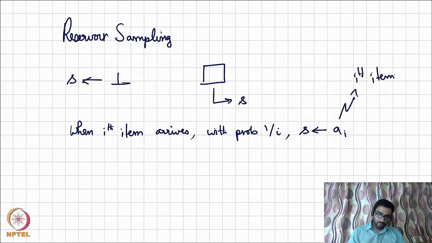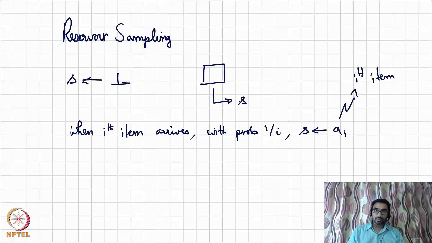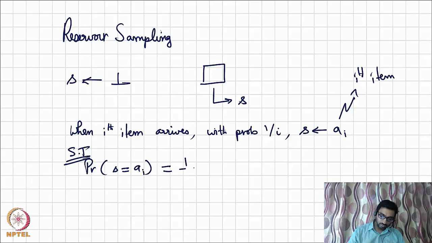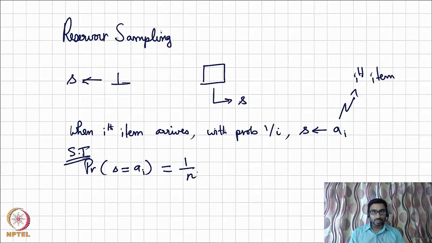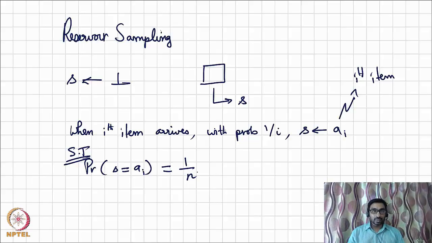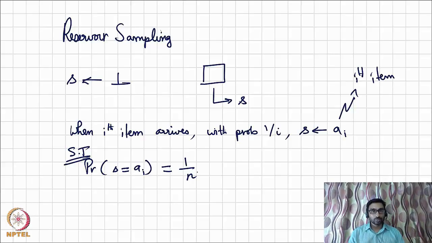Okay, and that's it. This is the algorithm. We need to now prove that this algorithm actually outputs the correct sample that we want. In other words, at the end of the stream, when all n items have been seen, the probability that the memory cell S contains A sub i should be equal to 1 by n, and this must be true for all i.